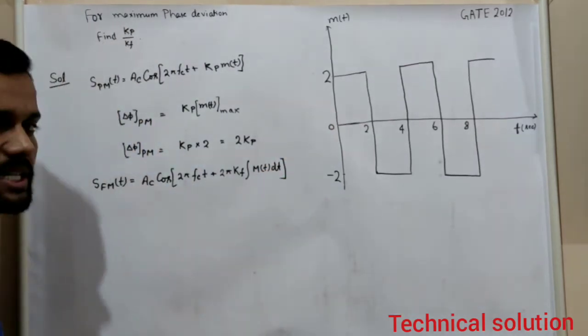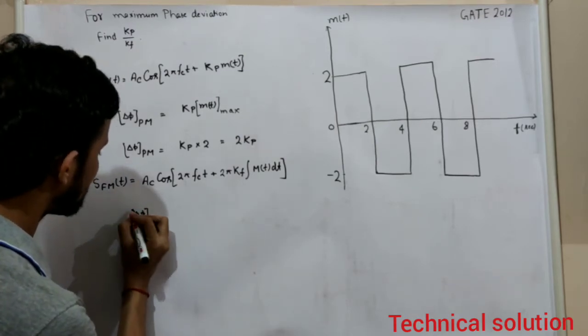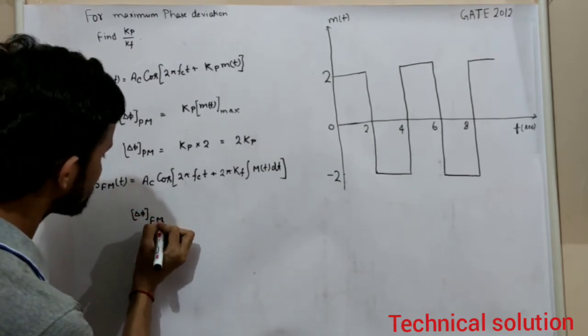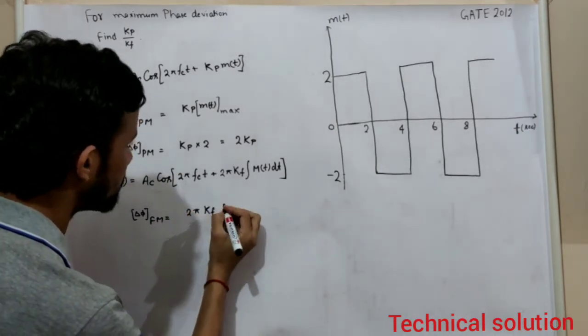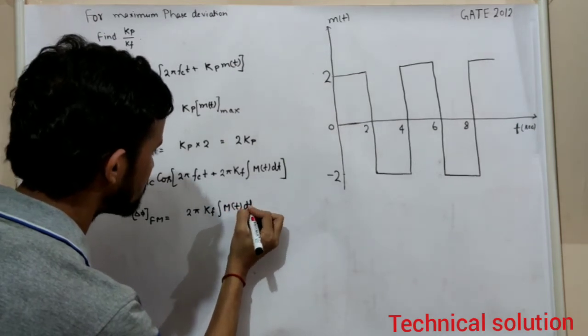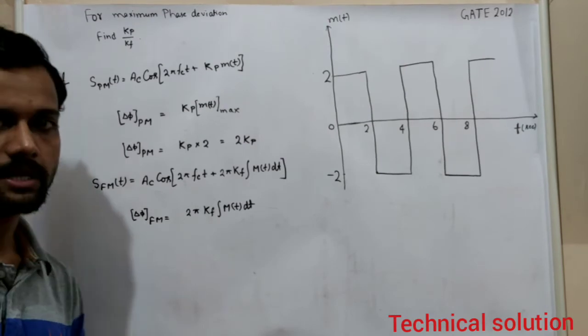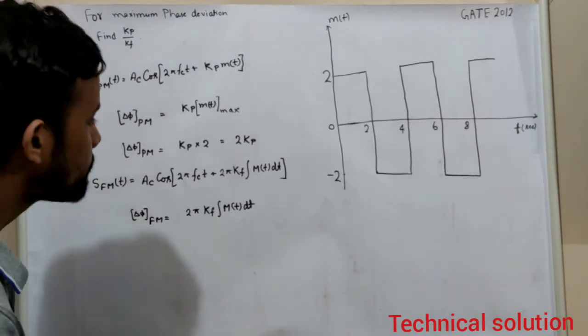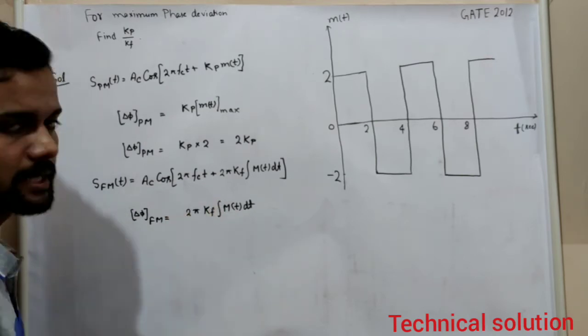Then the maximum phase deviation of the FM signal, that is delta phi of FM, is 2 pi Kf integration of m(t) dt. To find the maximum phase deviation of the FM signal, we have to apply the maximum of this integration of m(t).